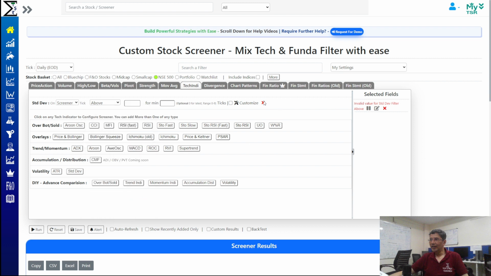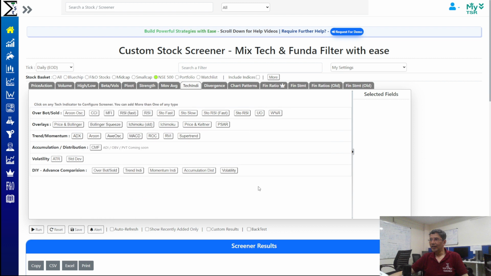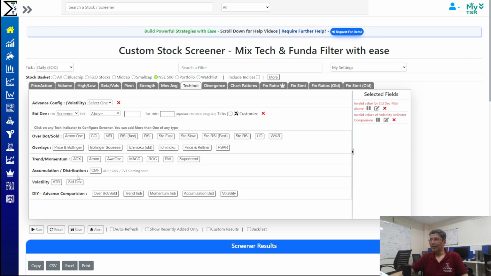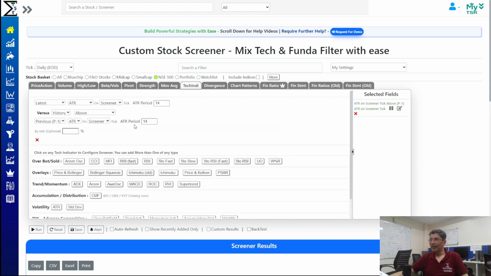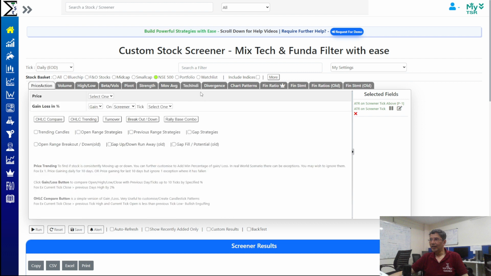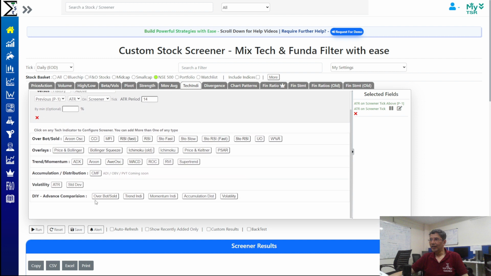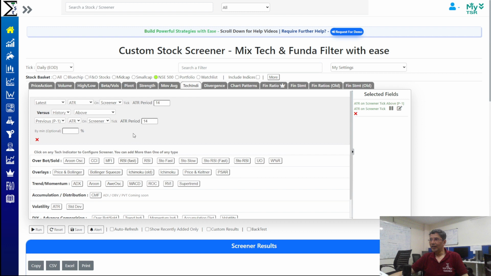But if you're a hardcore pro, then you can go into this volatility and go to standard deviation and play with standard deviation versus its previous levels by whichever way you want to. It's very similar to the OHLC compare that we have here, or the other DIY advanced comparison things over here. I won't go too much deep into that because that goes away from the topic. But again, a very powerful thing you can use is a historical comparison and build it yourself, right? And that's what we call the do it yourself DIY tool.